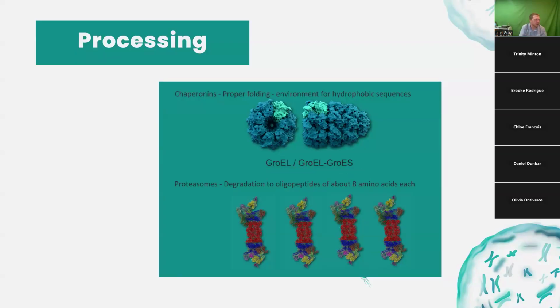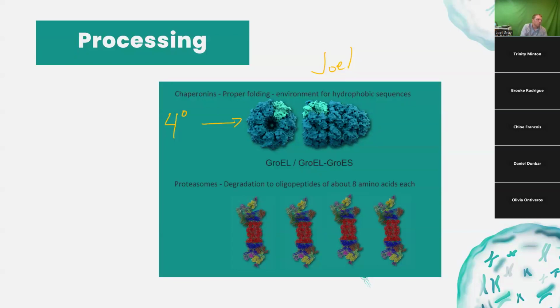Sometimes, just because my name is Joel and I pronounce it Joel, I would read this as Grohl. No, not the case. It's called GroEL, GroEL-GroES. So this protein complex, I want you to think about this as a good example of a quaternary structure. So there's a bunch of different polypeptides.